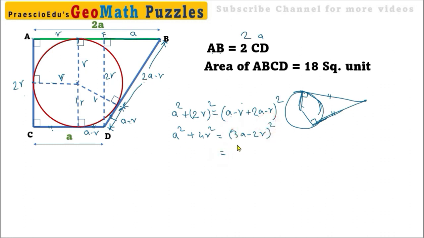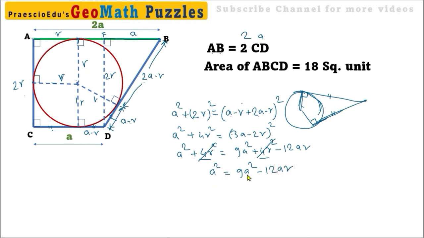So here, 9a squared plus 4R squared minus 3 times 2 is 6, multiplied by 2, so 12aR. So here 4R squared plus a squared. Now both these 4R squared terms are the same, so let's cancel them. So a squared is equal to 9a squared minus 12aR.